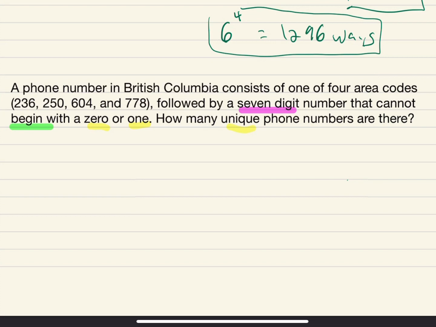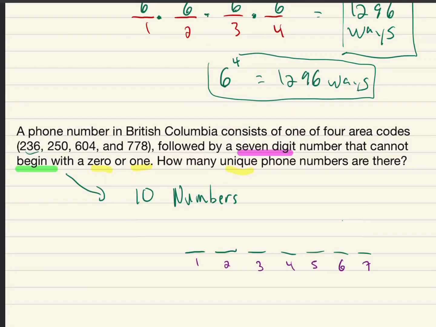Now, that means outside of the first number, there are generally 10 numbers to choose from, right? If we think about from 0 to 9, that's 10 numbers. So from basically 10 numbers, if I'm thinking about 7 digits followed by the area code, we're going to choose 7.